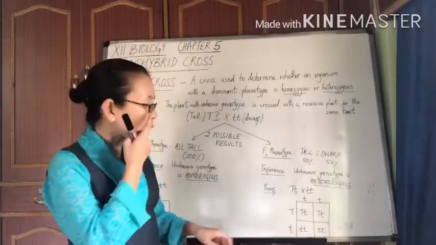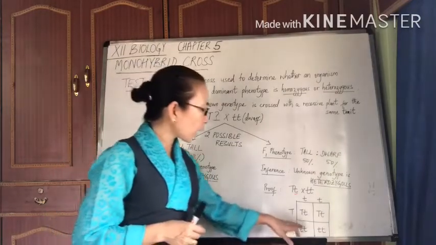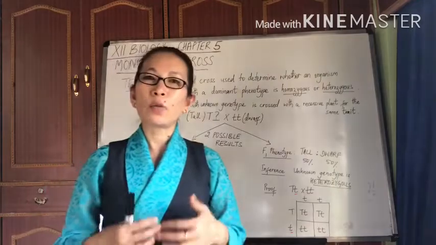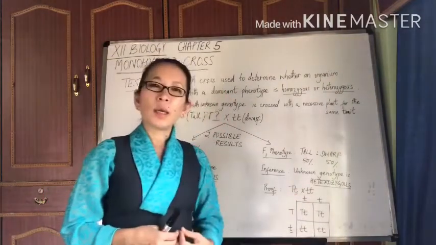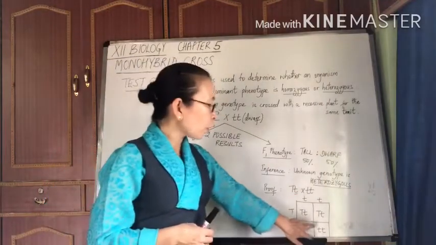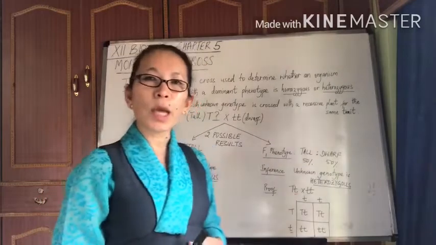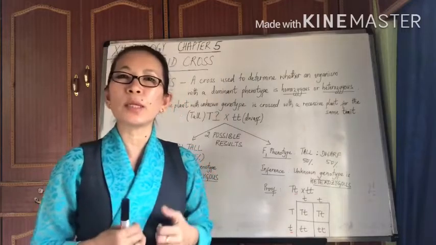Because we have a small t as a possible gamete from the tall plant, out of the four possible genotypes for the F1, 50%, or two of the boxes, can be a homozygous recessive small t genotype.